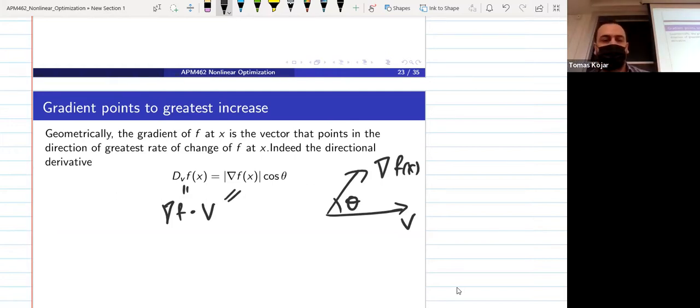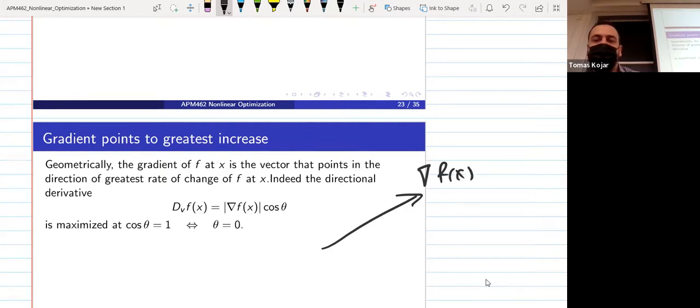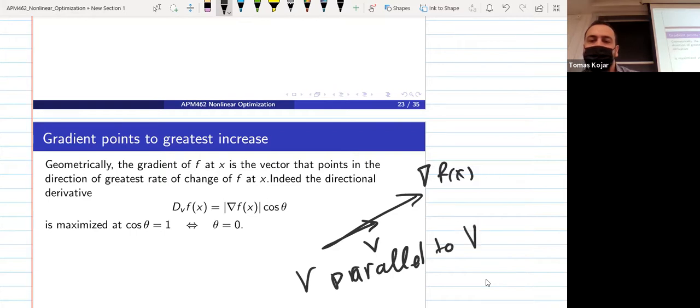So when theta is 0, cosine theta is 1, which, going back to our picture, means that the gradient of f and v are parallel. Okay? So the maximal directional derivative happens when you move in the direction of the gradient.